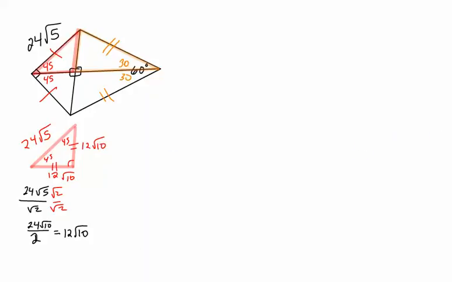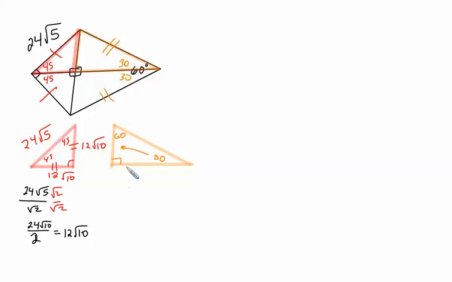Now we can transition over to the triangle on the right-hand side, realizing that its height is also 12 radical 10. So drawing that in, we've got ourselves the 30-degree angle right here. Please remember that I'm not necessarily drawing things to scale, but we can always identify the shorter leg of the triangle by the side across from our 30.